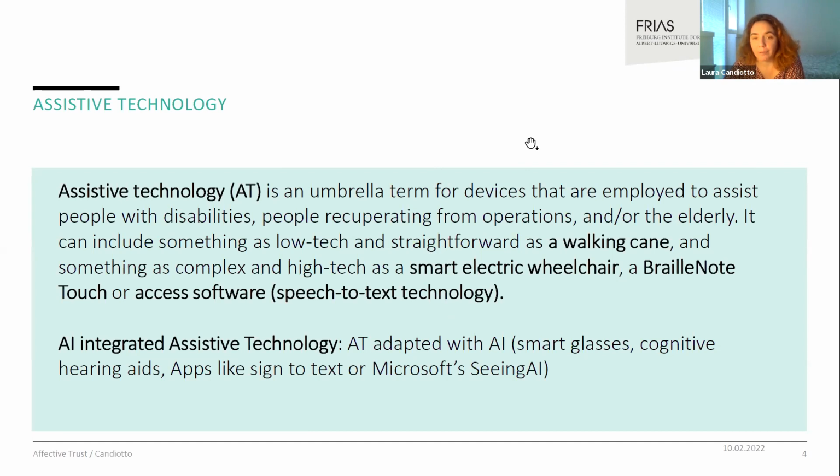This replaced in a way a former app, Be My Eyes, where human beings as volunteers were part of the project, and people with visual impairments could call one of the volunteers and ask them to tell them what is there. With this new app, Seeing AI, the support of a human volunteer is no longer necessary, because the artificial intelligence can recognize what is there for the person with visual impairment. So assistive technology is a very general umbrella term for these devices that can assist people with disabilities.